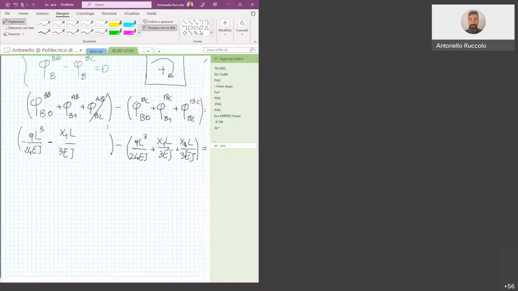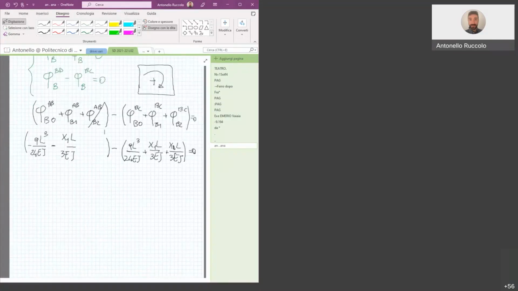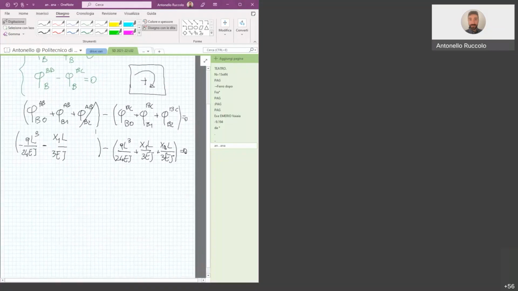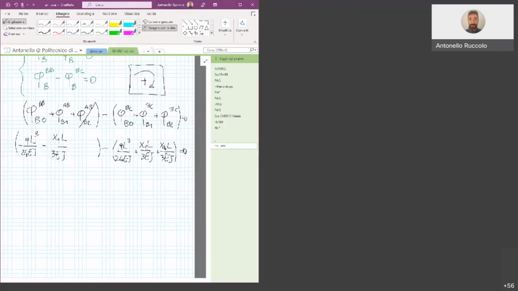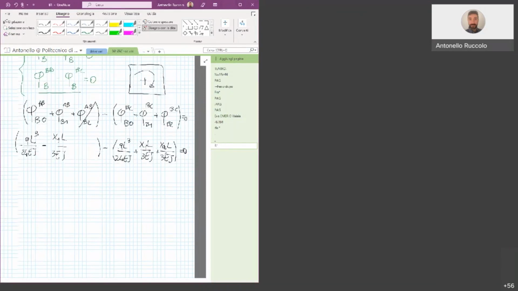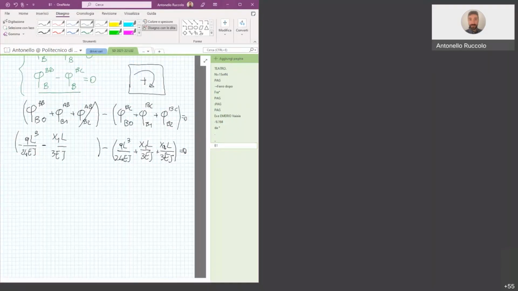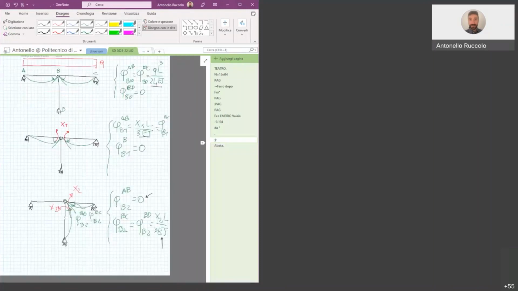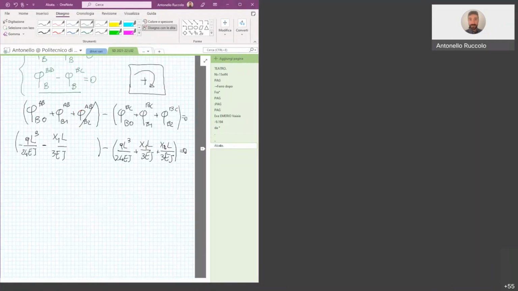Then we can write the second equation, which is phi B BD, the rotation in B of beam BD, minus the rotation in B of beam BC, is equal to 0. We can check all the terms.